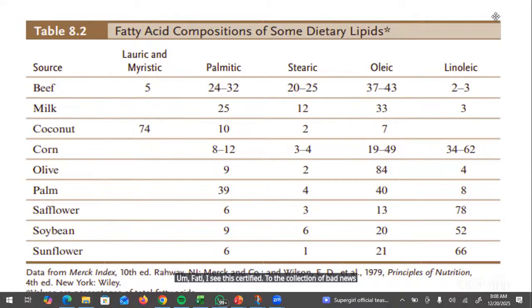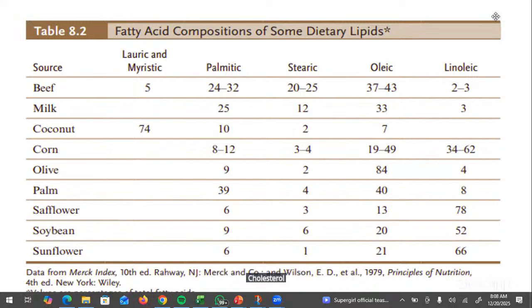If you have one fatty acid esterified, we have monoacylglycerol. If we have two fatty acids esterified, we have diacylglycerol. If you have three fatty acids esterified, we have the triacylglycerol.